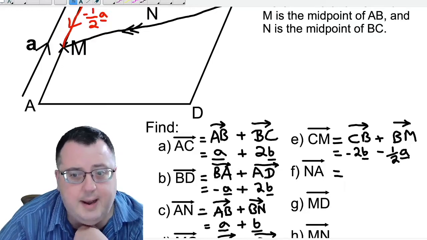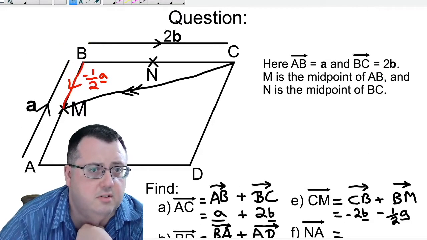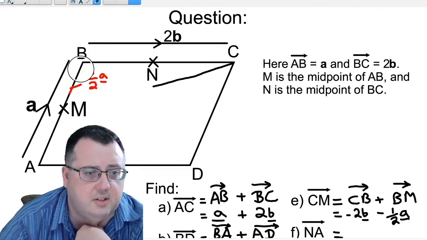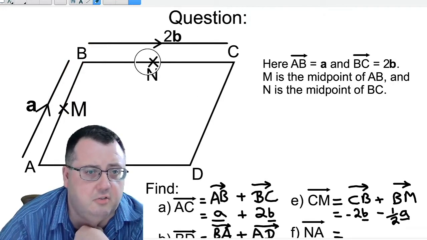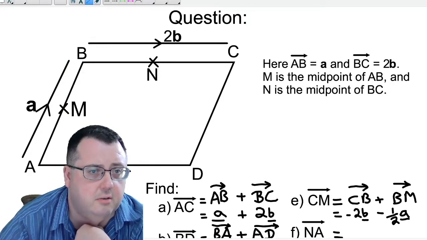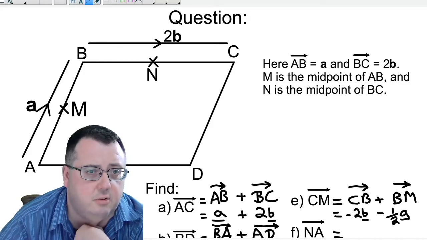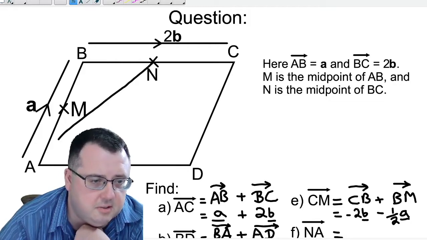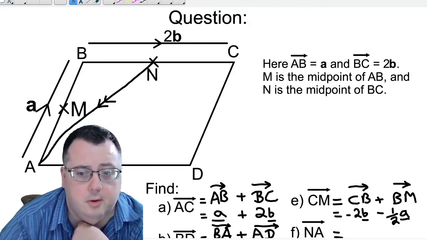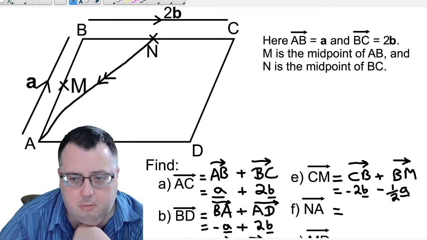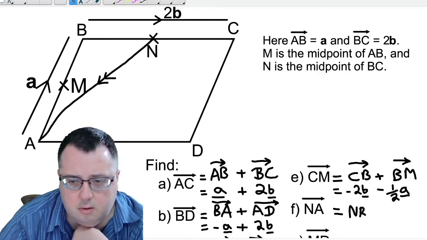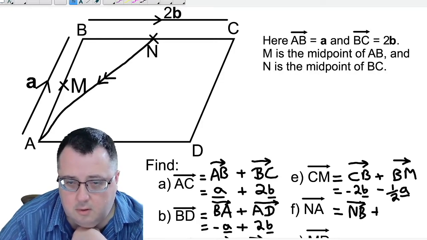Okay, next is NA. So if I get my pen and wipe this again, I need to go from N to A. So the most direct route to get from N to A is this route here. I'm going to have to go N to B. And then B to A. Good.